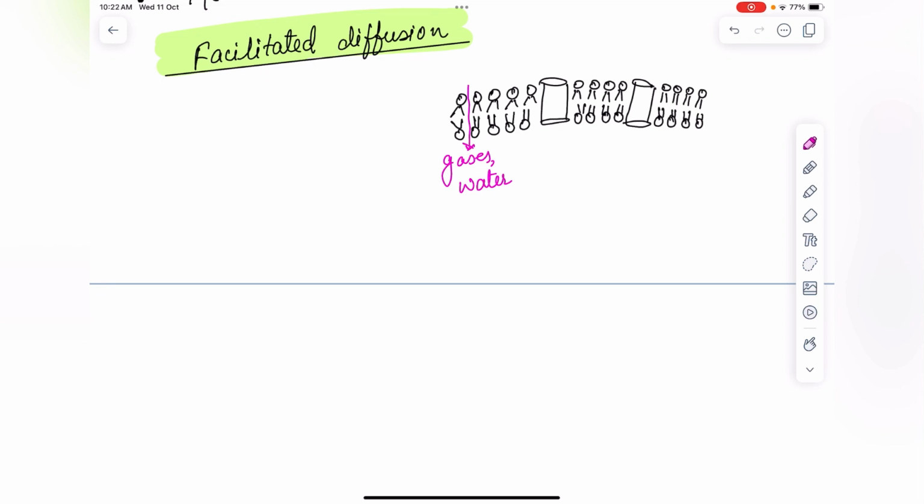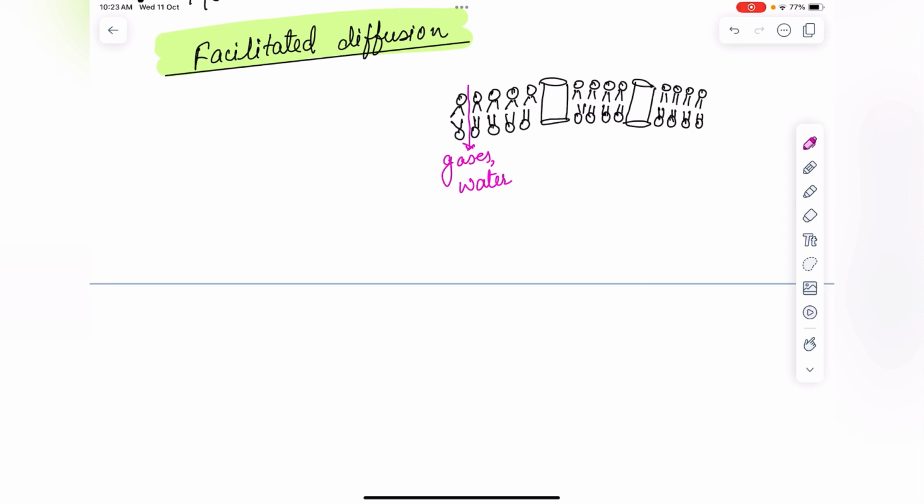इसमें गैसेस का ट्रांसपोर्टेशन होगा, वाटर का ट्रांसपोर्टेशन होगा सिंपल डिफ्यूजन के थ्रू, लिपिड मॉलिक्यूल्स का भी डिफ्यूजन होगा. But कुछ ऐसे मॉलिक्यूल्स हैं which get dissolved into the water, and these are some ions which cannot enter directly through simple diffusion into the cell.